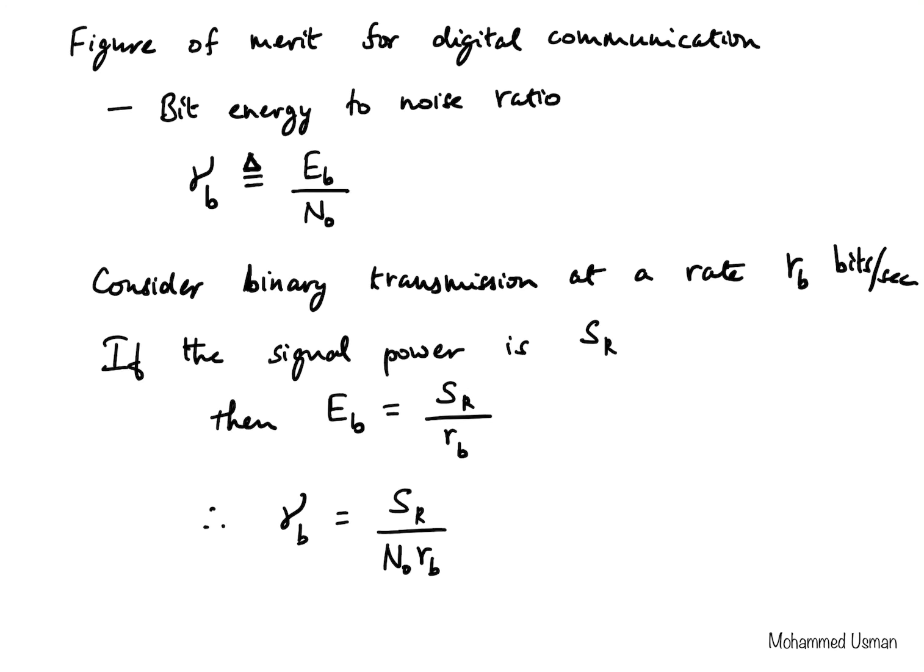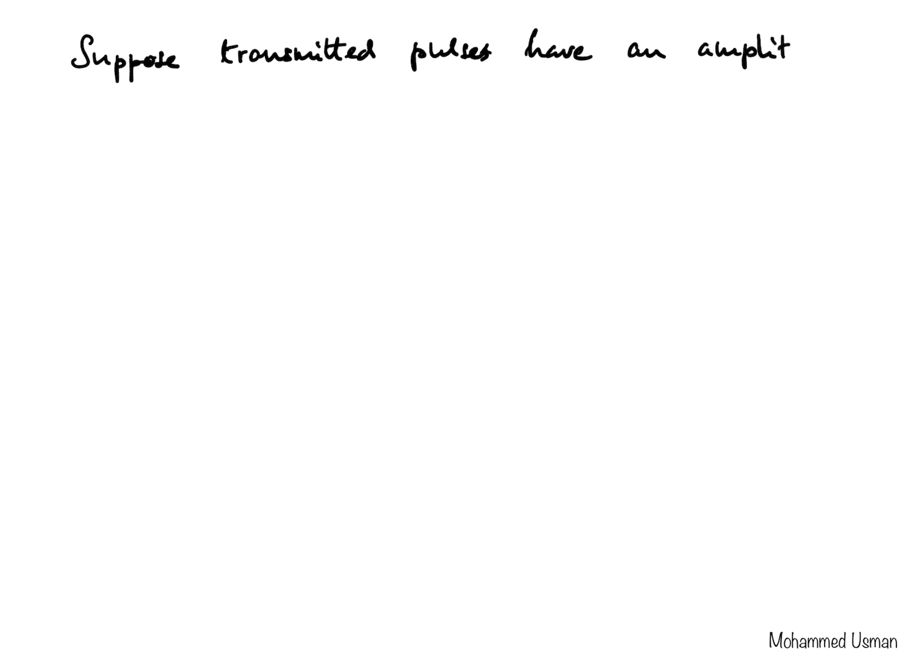Next, we are going to compute the bit energy for some pulses which have a certain amplitude, which we'll denote as A subscript k. Suppose the transmitted pulses have an amplitude given by A subscript k.